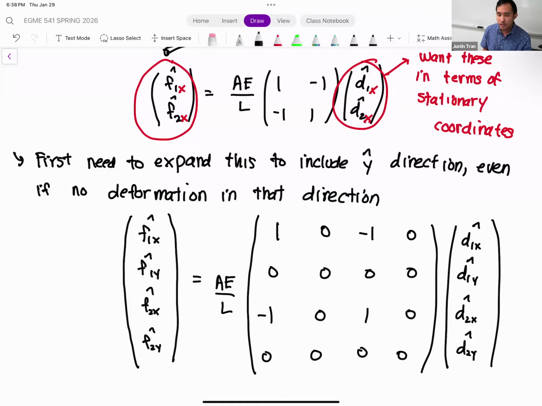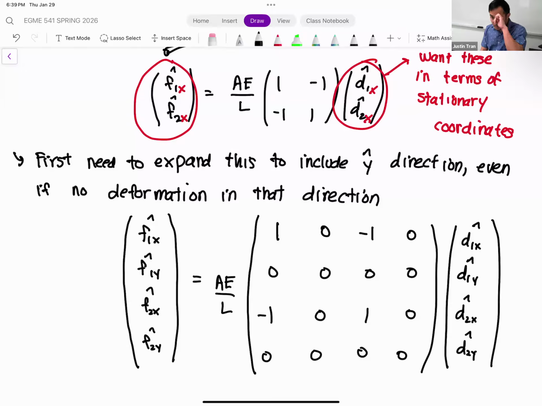Once we get to frame elements, we're going to consider the X and Y deformations on each node plus a rotational aspect as well. That's going to get you a 6x6 matrix with just 2 nodes. So it very quickly gets out of hand and very tedious for sure. And you can imagine what can happen in 3 dimensions too. In 3D, it gets even more out of hand.